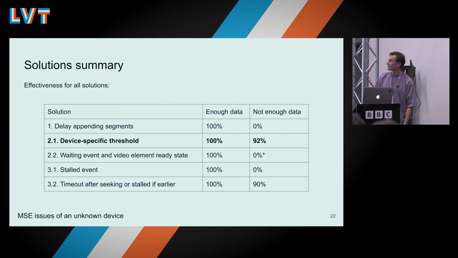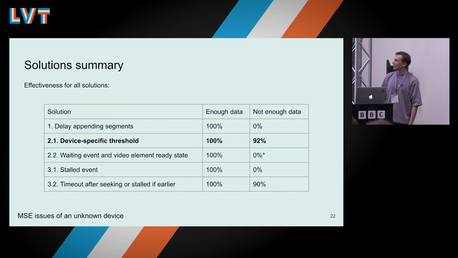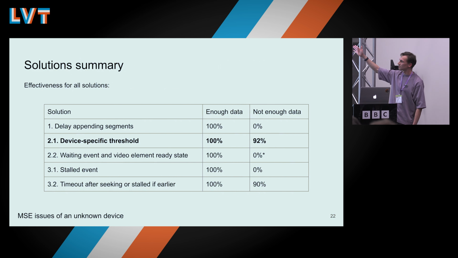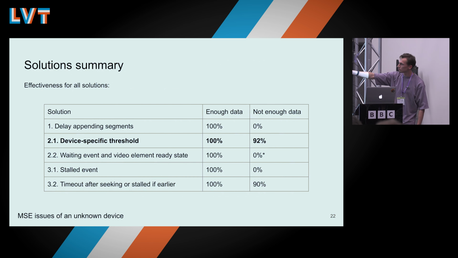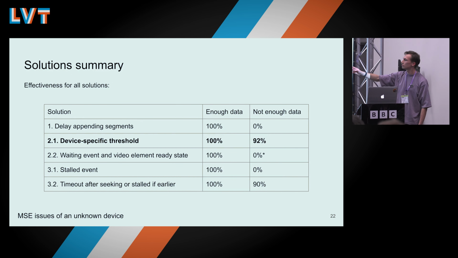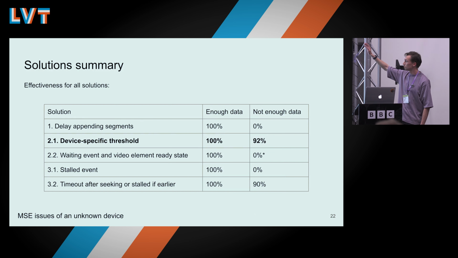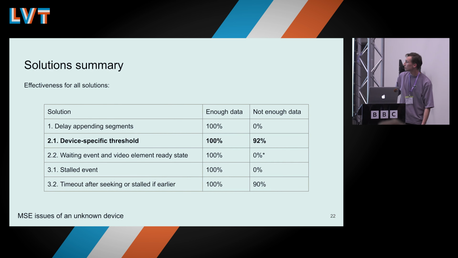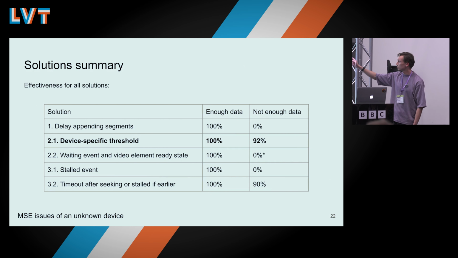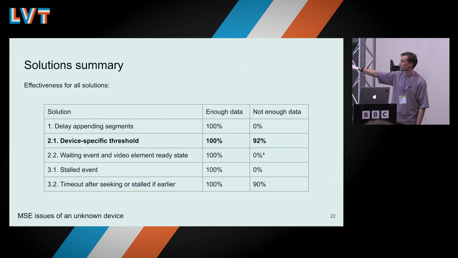So now what we really have, I split it into update and not update, and we have 5 solutions. When we just delay on not enough data, we don't solve it completely. When we have a device-specific threshold, we solve it only to 92%.